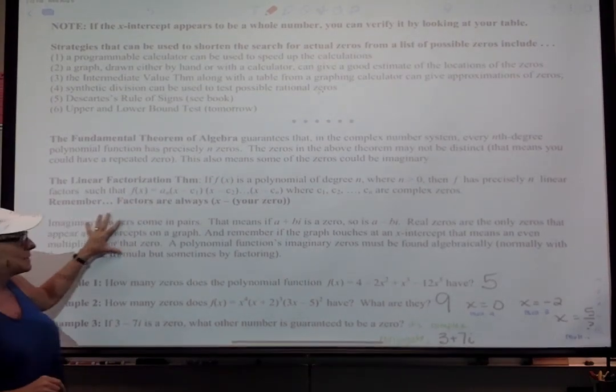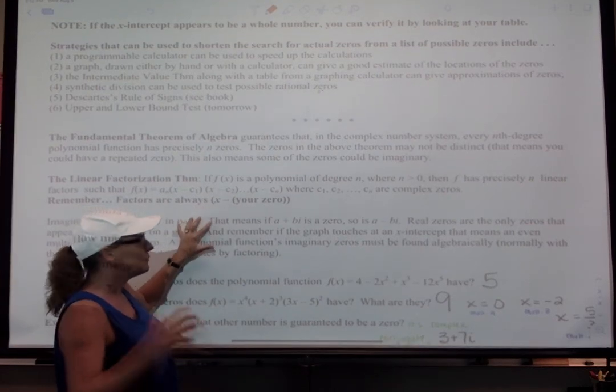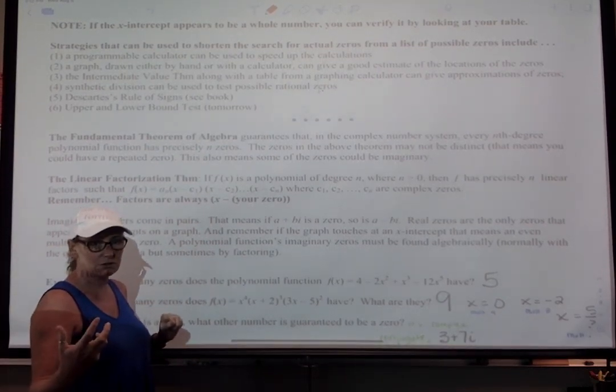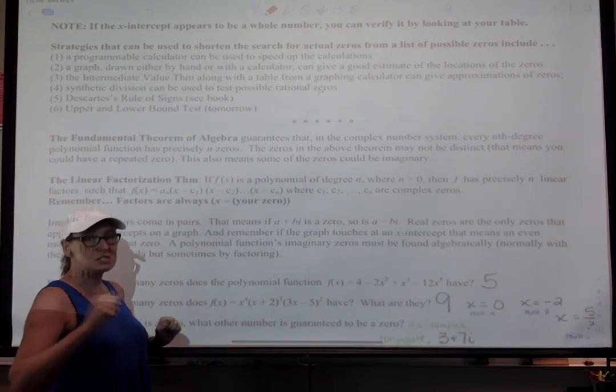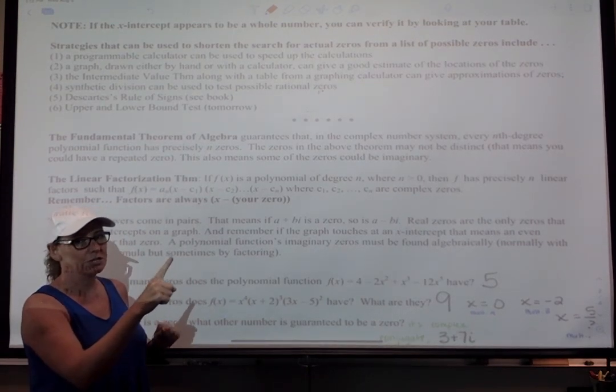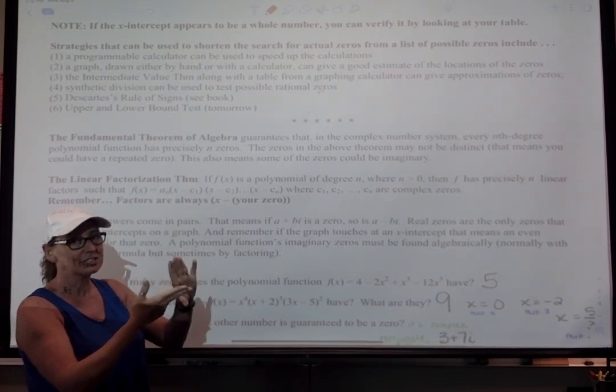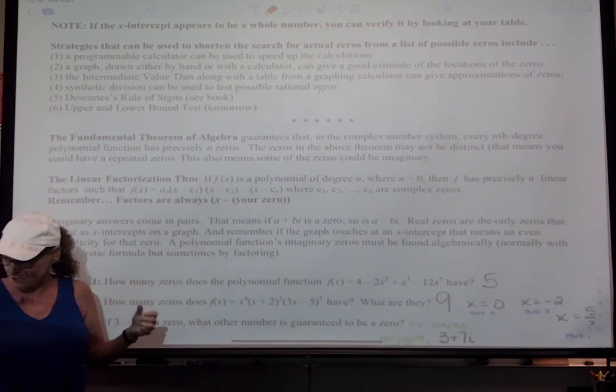And this might be something brand new to you. If you have imaginary solutions, you won't just have one imaginary solution. It's always going to have a partner. Imaginary solutions always come in pairs. Think about this.